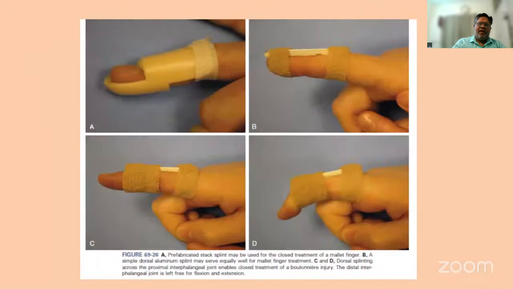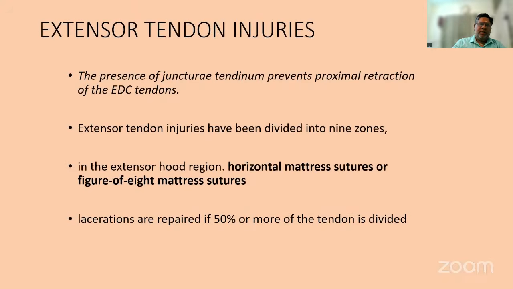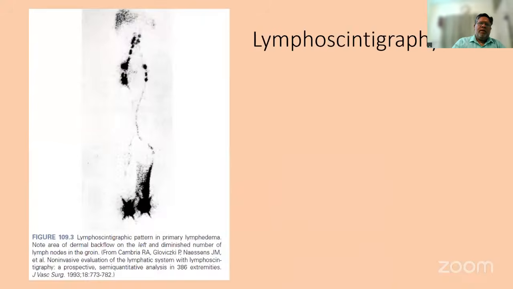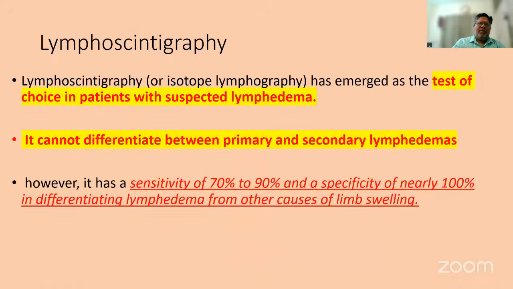A mallet finger, if more than 50%, then we have to go for open reduction internal fixation. Less than 50%, conservative splinting with a stack splint or a single dorsal splint is done. Lymphoscintigraphy cannot differentiate primary and secondary lymphedema, but it is the test of choice to diagnose lymphedema.